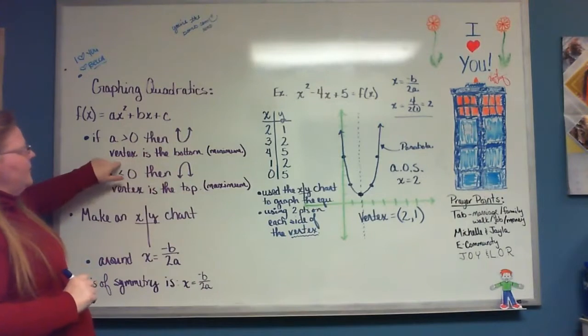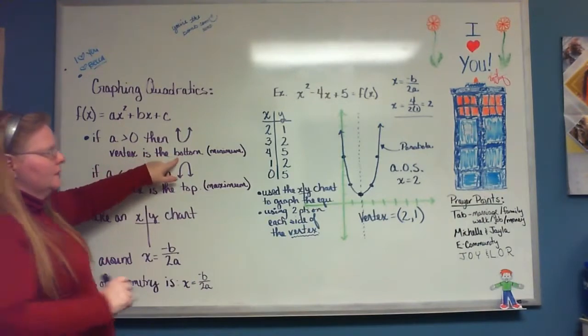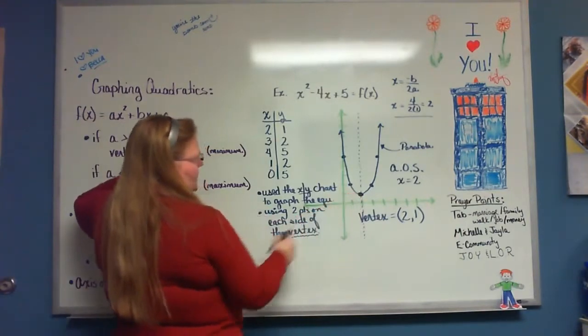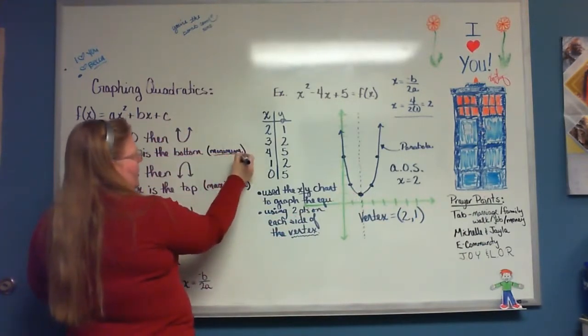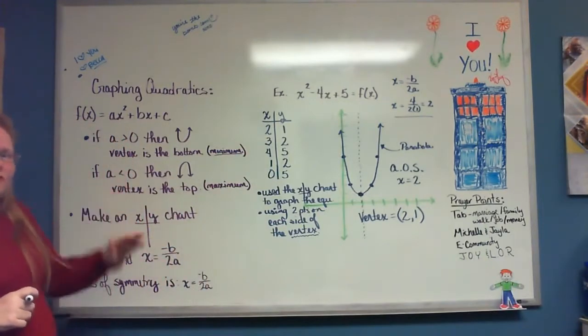And that means that our vertex is the bottom, which was this point. So that's good. And it's called a minimum. When it's on the bottom, they call it a minimum, because that's as low as it'll go.